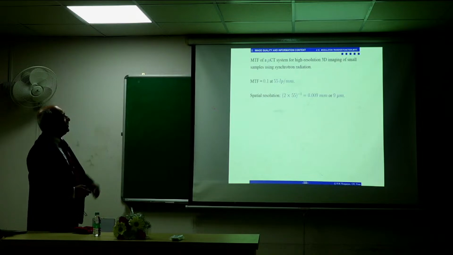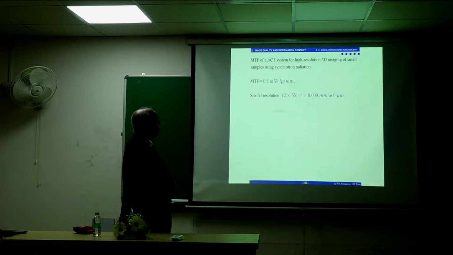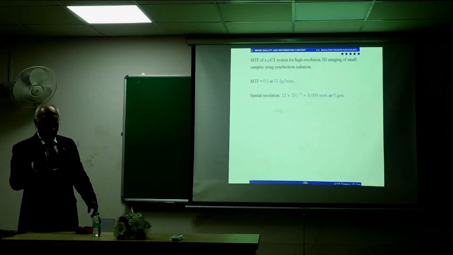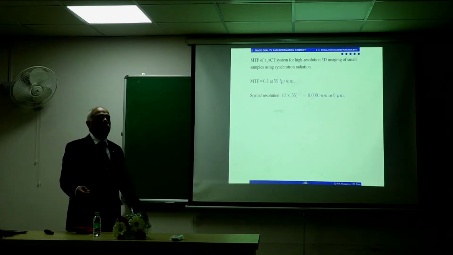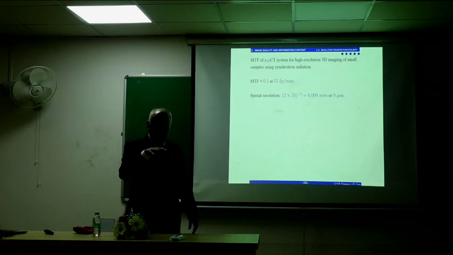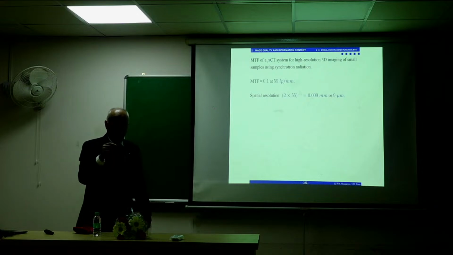There's an example I'll show you of the MTF of a microcomputer tomography system for high resolution imaging of small lab animals. Nowadays, there are microcomputer tomography systems with a small bore where you can put your hand or your leg, and you can get high resolution CT images.